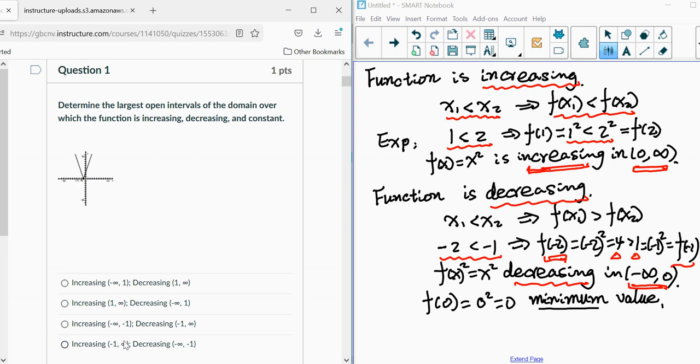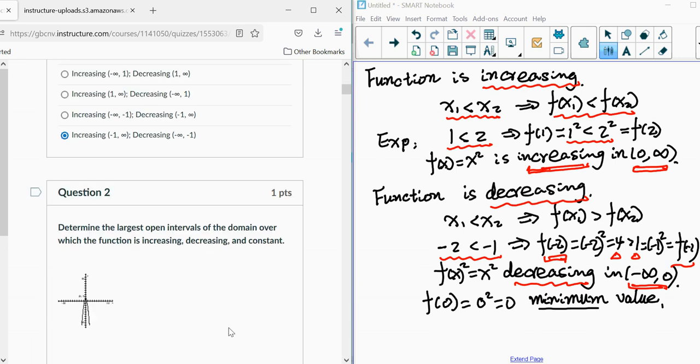And then, of course, the function is increasing from -1 to +infinity. So this would be our choice, right? That's similar to the one we did. Okay, now this one.